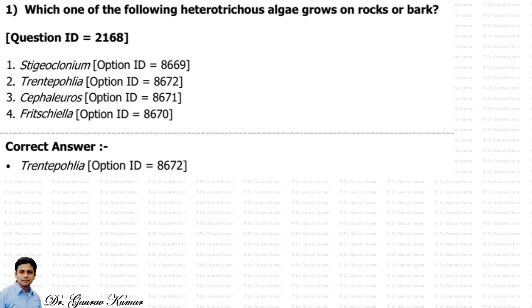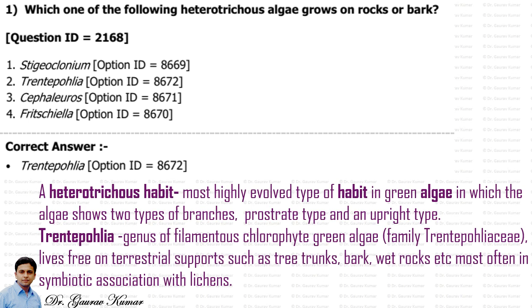Question number 1: which one of the following heterotrichous algae grows on rocks or bark? The answer is Trentepohlia. A heterotrichous habit is considered the most highly evolved type of habit in green algae, in which the algae show two types of branches, prostrate and upright. Trentepohlia is a genus of filamentous chlorophyte green algae, family Trentepohliaceae.